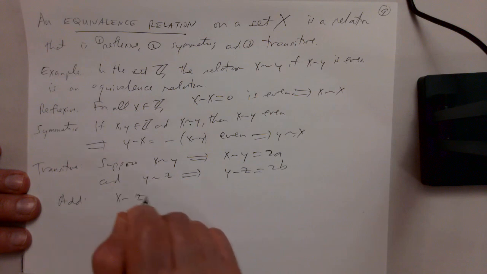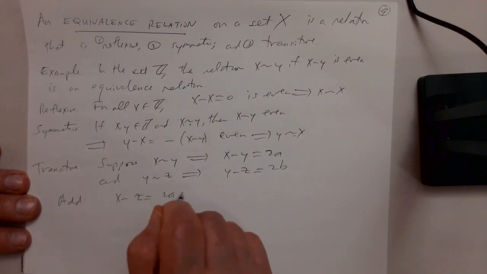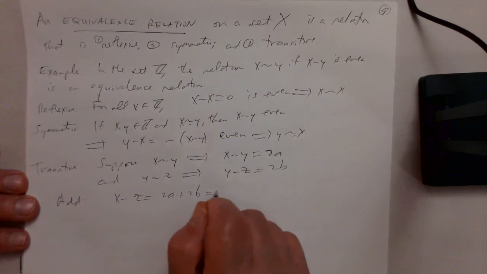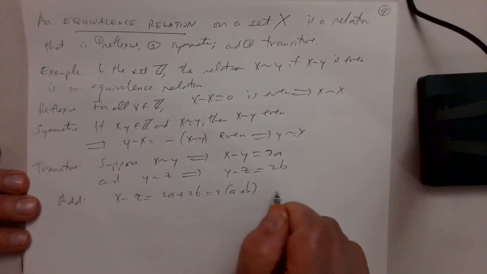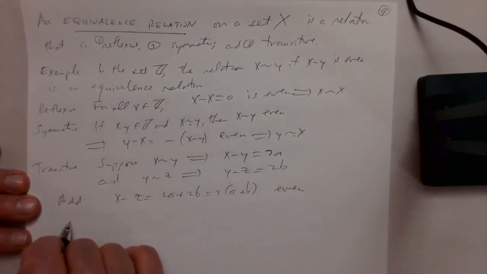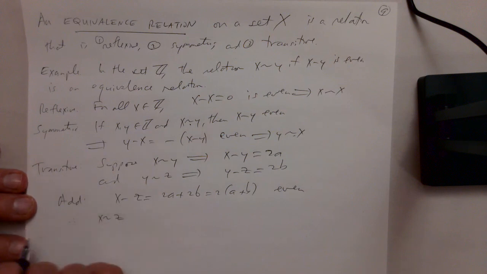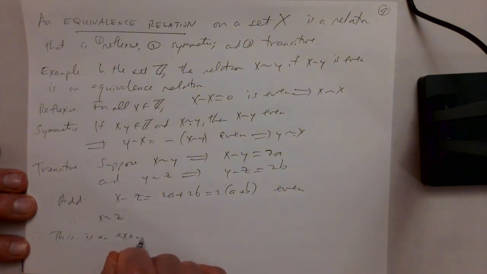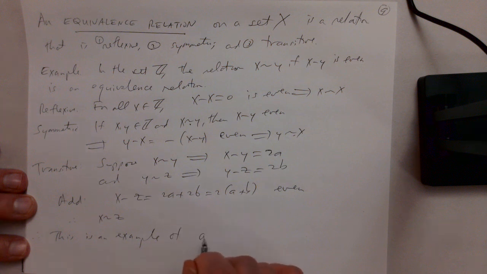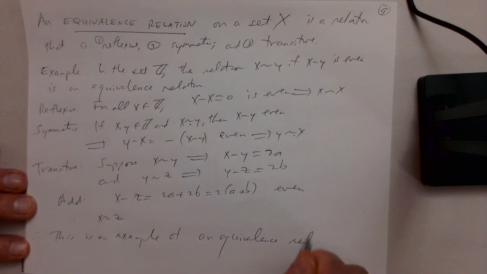You get x minus z is 2a plus 2b, which is 2 times (a plus b), which is even. So therefore, x is related to z. So this is an example of an equivalence relation.